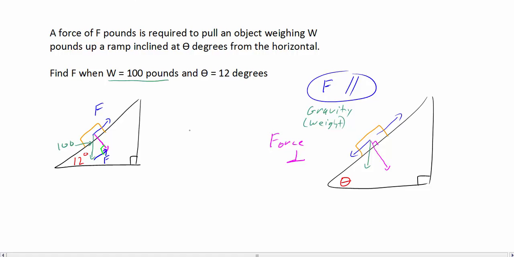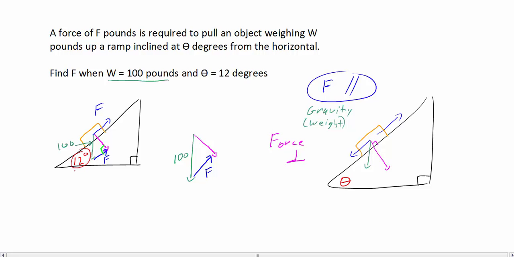Now, let me redraw this over here a little bit bigger so we can work with it. This is our 100, this is the gravity pulling down, and then we have this perpendicular force, and then the force that's required to pull this thing up the ramp is here. So this is the force we're looking for. And we notice the angle of the ramp is 12 degrees.